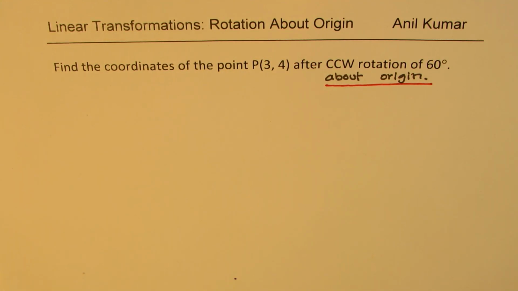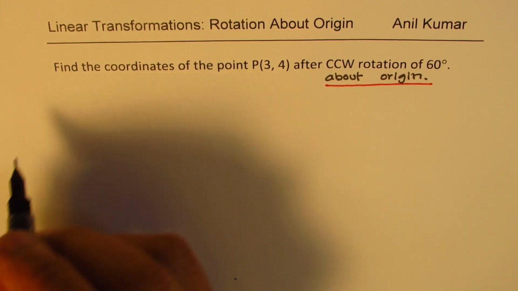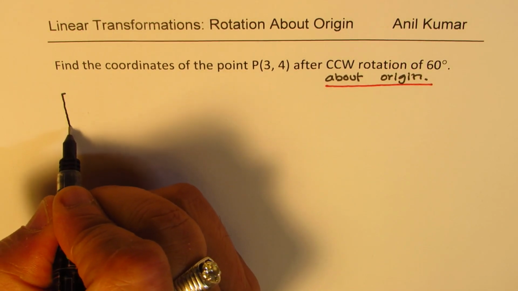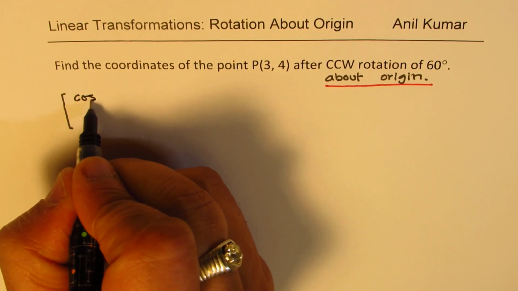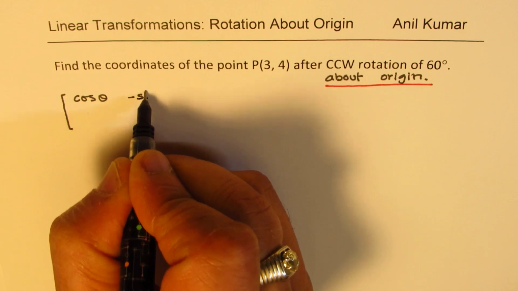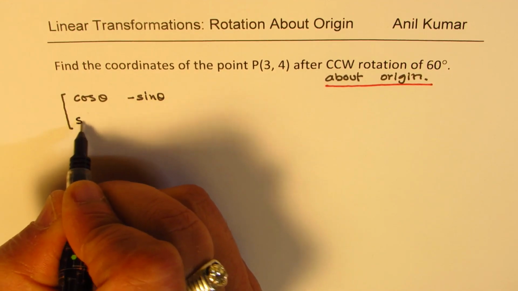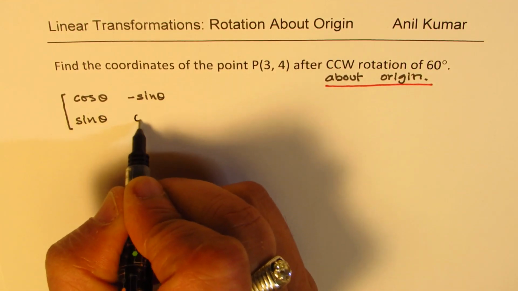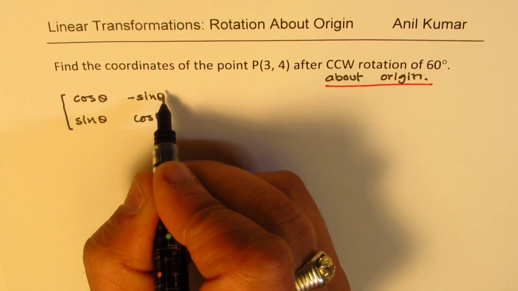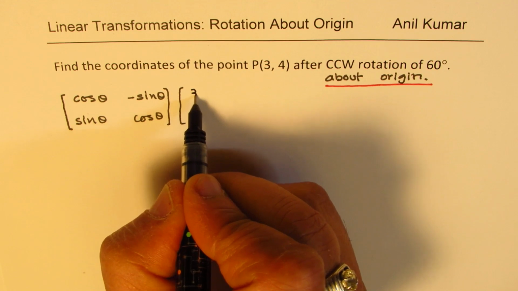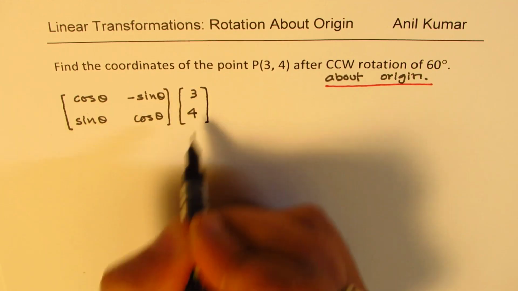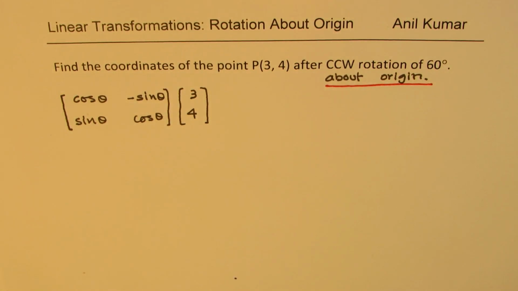So what we discovered just now is that the transformation matrix which does this rotation is [cos theta, minus sine theta; sine theta, cos theta], correct? And we need to find the image of (3, 4).